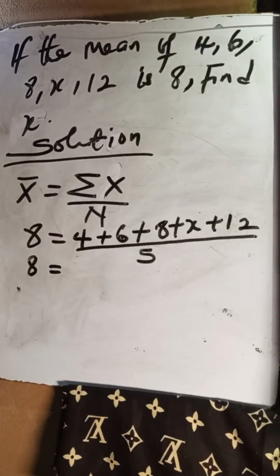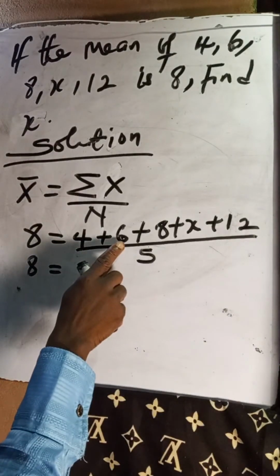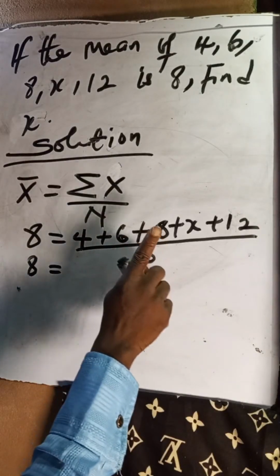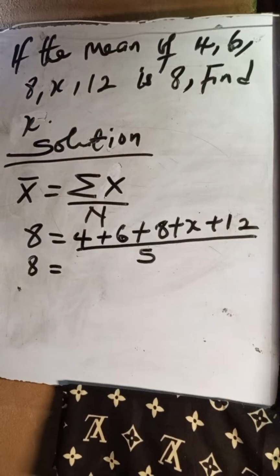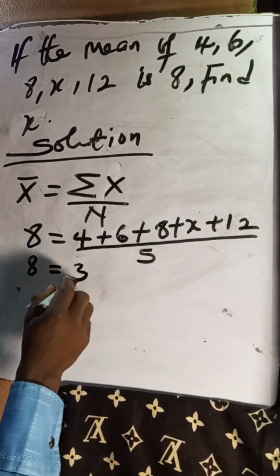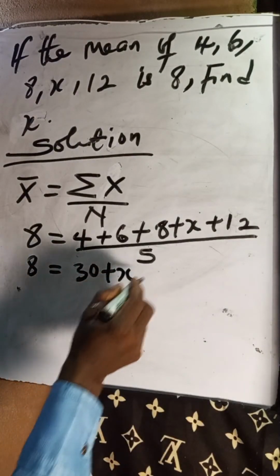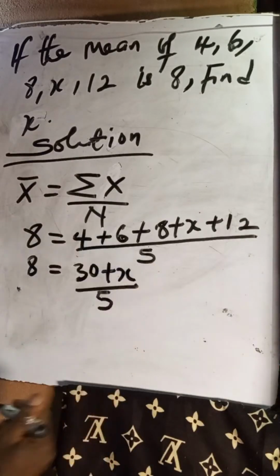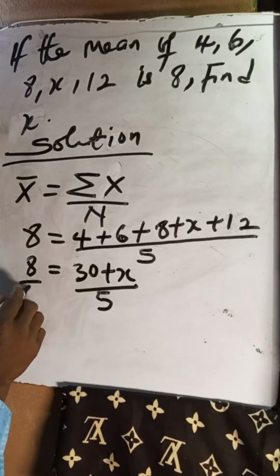8 is equal to 4 plus 6 is 10, 10 plus 8 is 18, 18 plus 12 is 30. That is 30 plus x divided by 5. This 5 that we have here, then we can cross multiply.